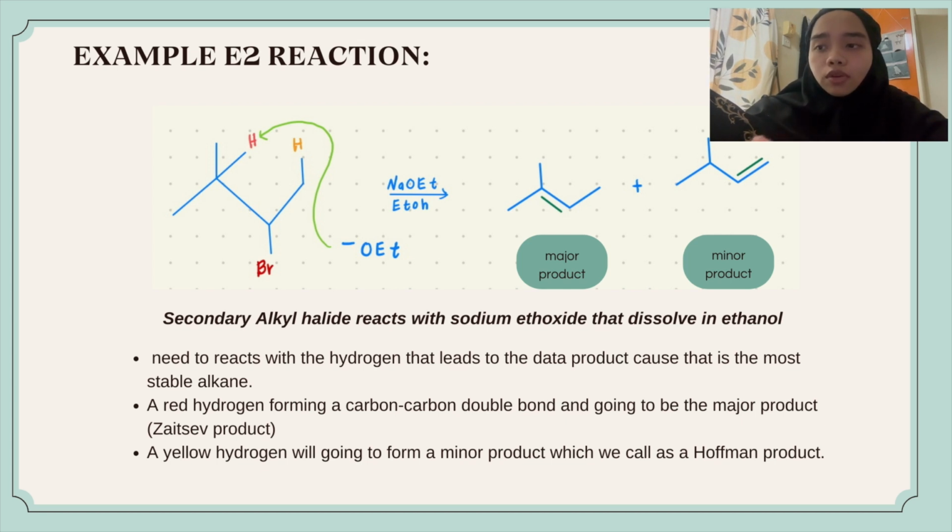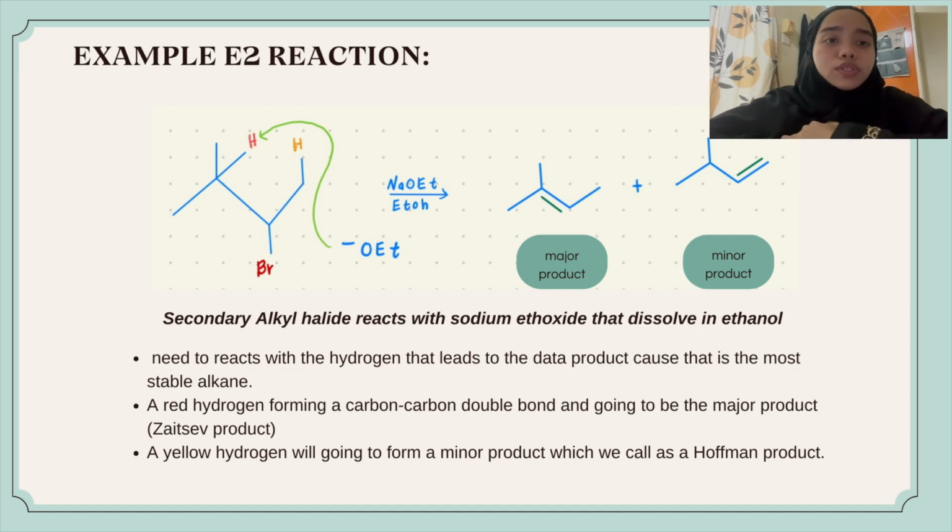Now, sodium ethoxide is going to go for the red hydrogen as opposed to the yellow hydrogen. When you use a strong base that is not sterically hindered, it is going to go for the hydrogen that leads to the beta product, because it is the most stable alkene.